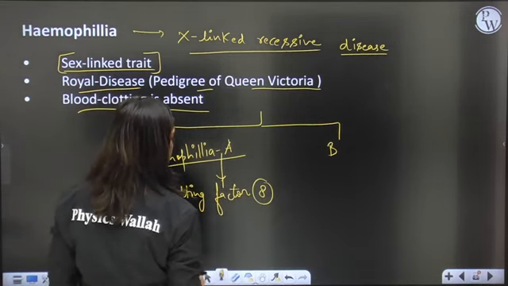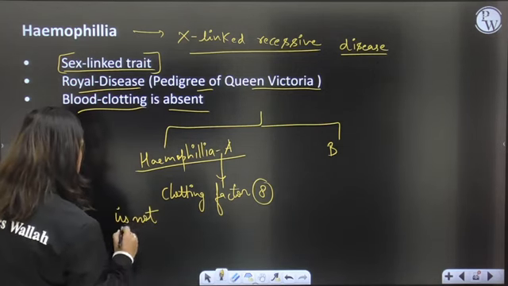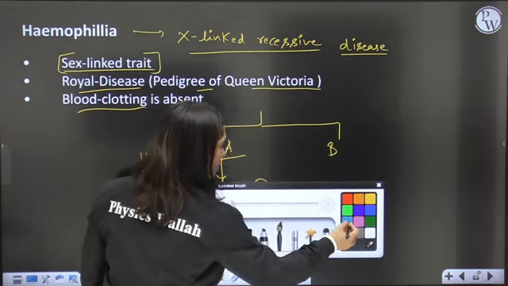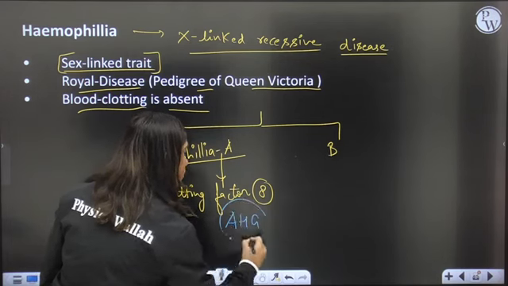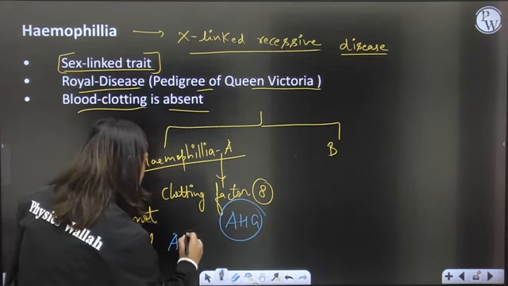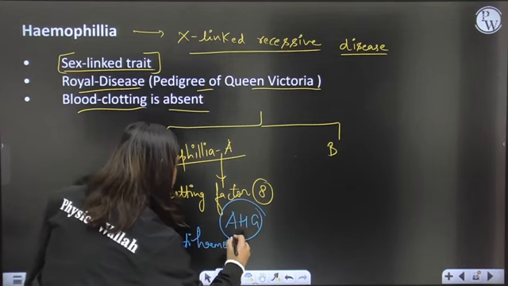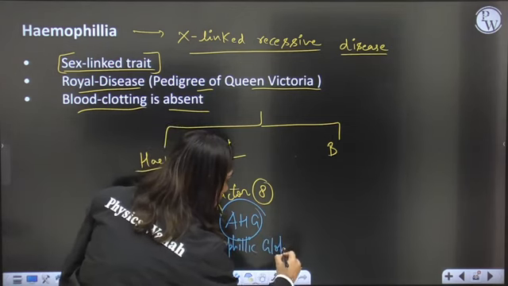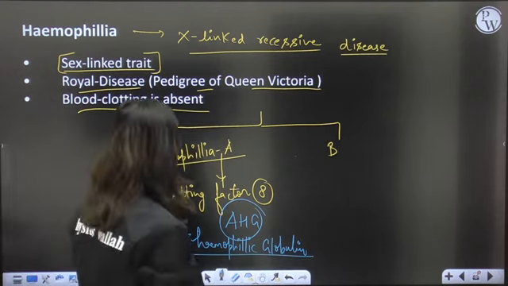The name of clotting factor 8 is anti-hemophilic globulin.